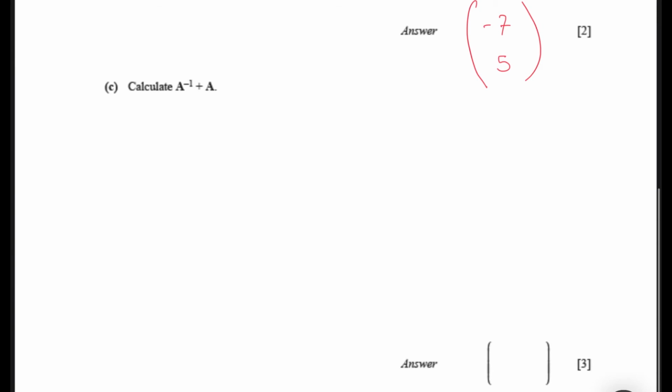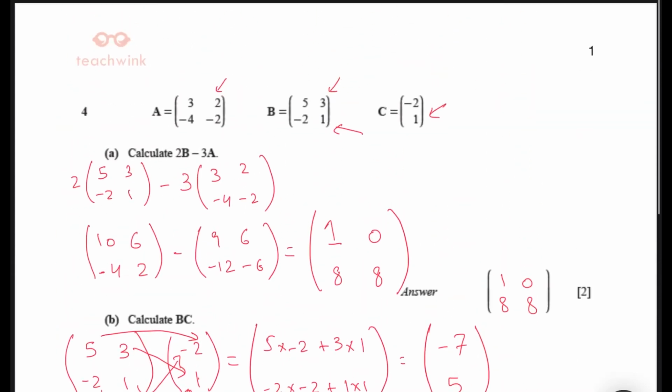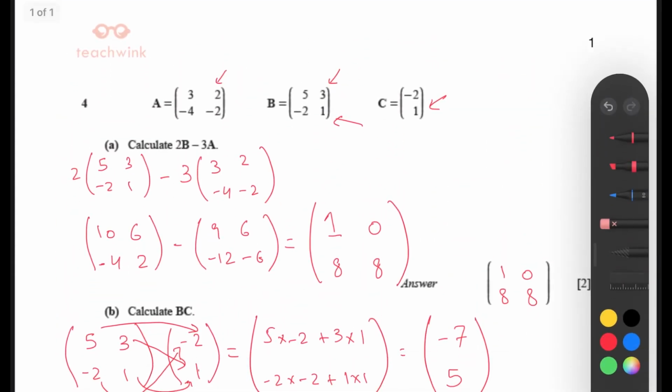Okay, the next part says calculate the inverse of A plus A. Let's first find the inverse of matrix A. So to find the inverse, we would be writing the matrix A in this form: 1 over AD minus BC, which is the determinant, being multiplied by D, A, negative B, negative C. Okay, we talk about this first.